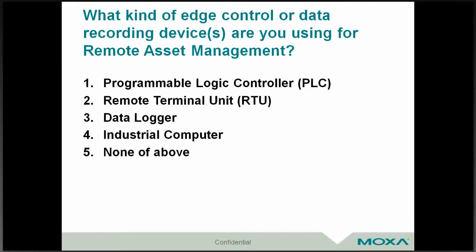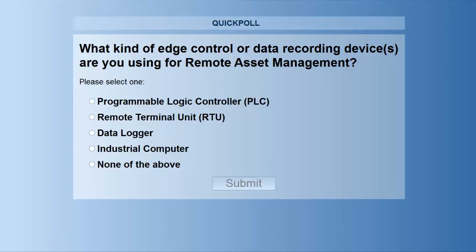So before we proceed to the best practice for your remote asset management system, I want to again pause for 1 minute to put up another poll question. Can you let me know what kind of edge control or data recording devices you are using for your remote asset management, so I can address that more effectively in the following presentation.